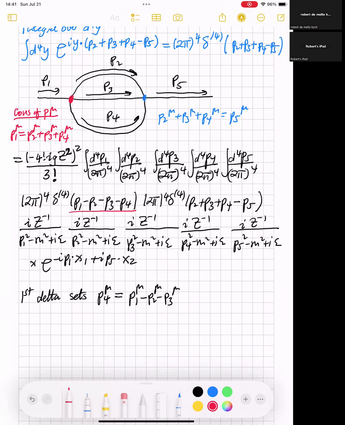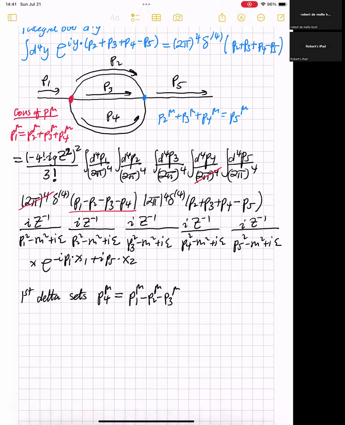Okay, so this is what the first delta function sets. When I do this integral, by the way, the 2 pi to the 4 that's multiplying my delta to the 4 will cancel with the 1 over 2 pi to the 4 inside the d4P4. So that's nice. You again see that our conventions with the 2 pi's are very helpful.